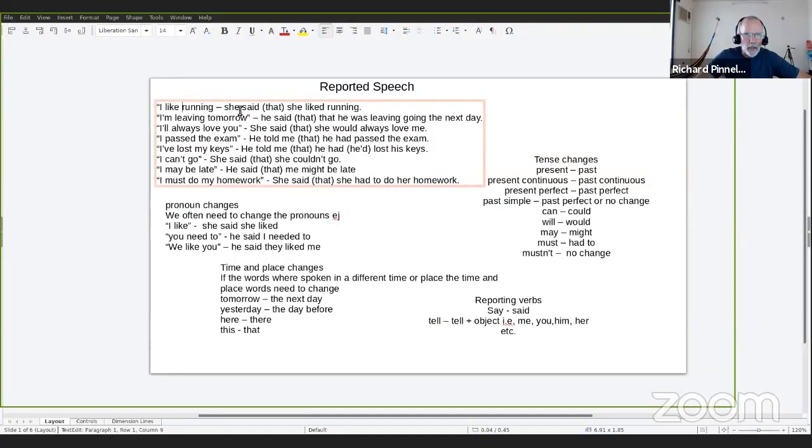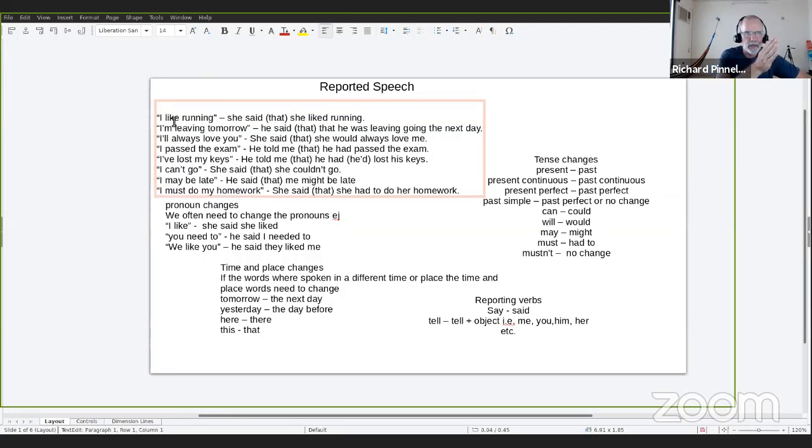In each one of these, we actually have two examples. The one on the left-hand side, looking at the screen, which is also in quotation marks, is what we call direct speech. I think on the video it's going to be this side because everything is in reverse.